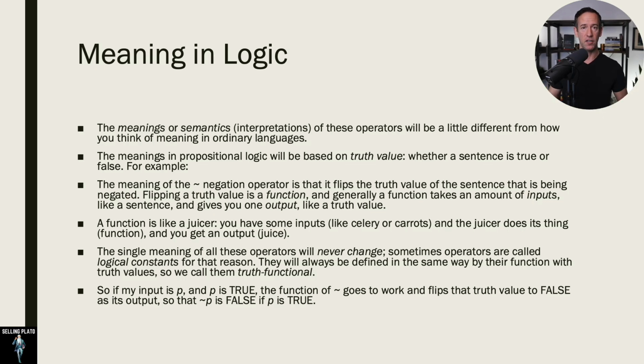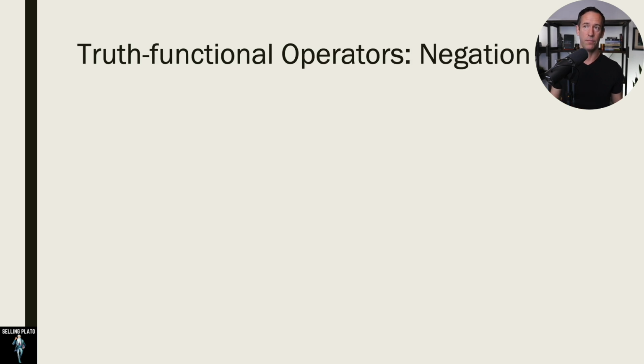So not P is false if P is true. It's kind of a long-winded way of saying it just flips the truth value from false to true, from true to false. But we want to get the principles down so that we can apply them to more complex situations later.